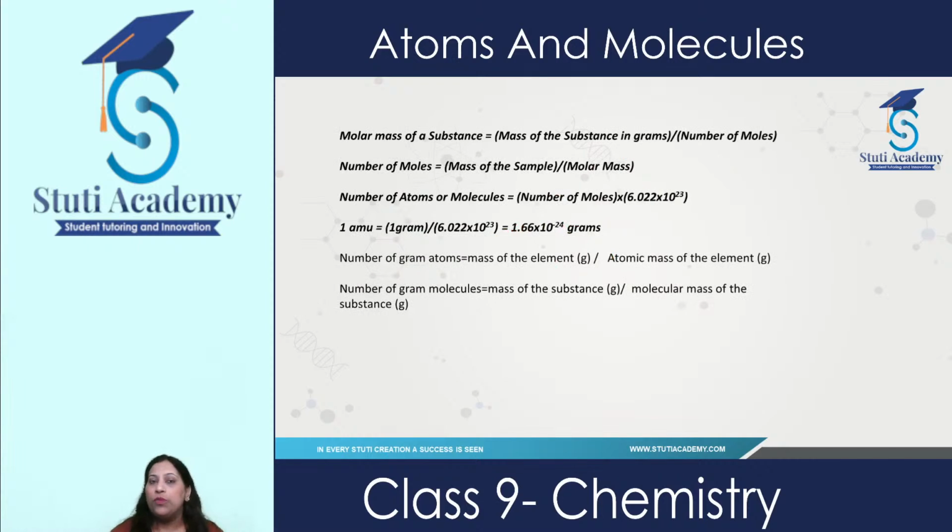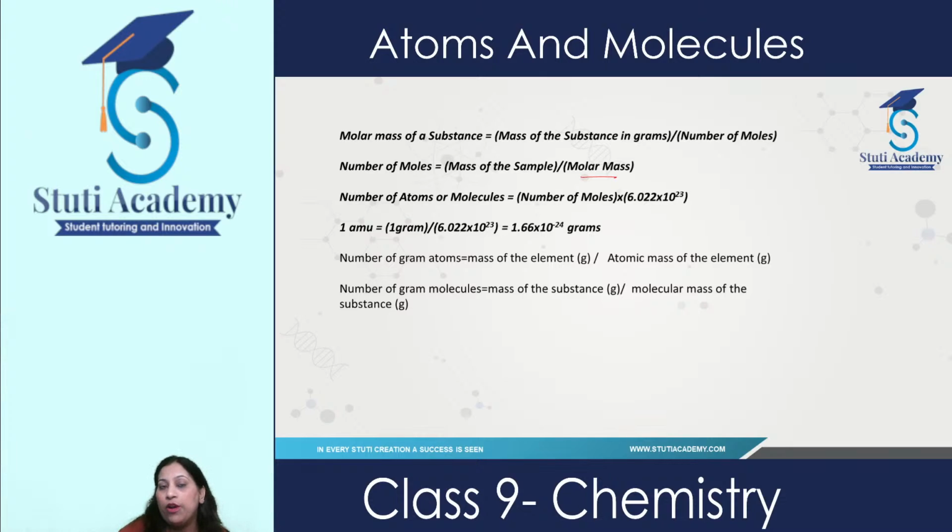Now these are the formulas you should remember if you want to solve all the numericals. To find the molar mass of a substance, it is the mass of the substance in grams upon the number of moles. To find the number of moles, it is the mass of the sample given in the question upon molar mass.